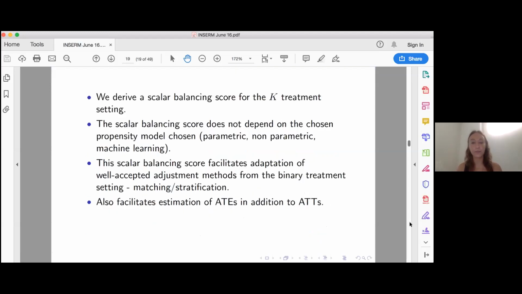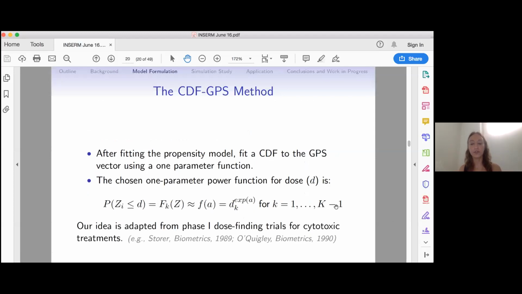So here's the approach. We fit any propensity model and we get a generalized propensity score vector. Then fit a CDF to each person's GPS vector using a one parameter function.